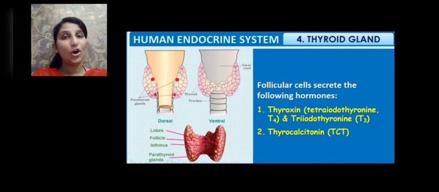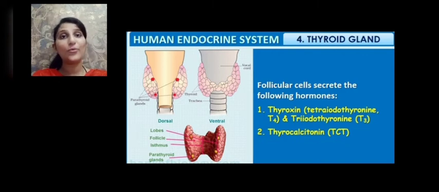What are the hormones secreted by the follicular cells of the thyroid gland? They are thyroxine, otherwise called tetraiodothyronine, or designated as T4. The second hormone is triiodothyronine, or T3. And the last hormone is thyrocalcitonin, abbreviated as TCT.